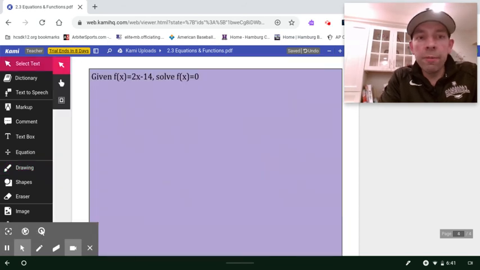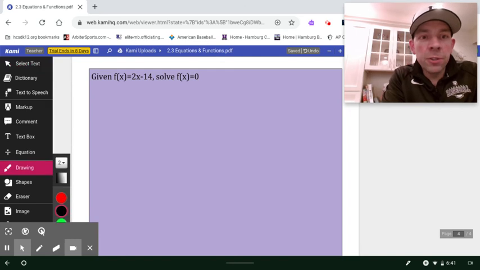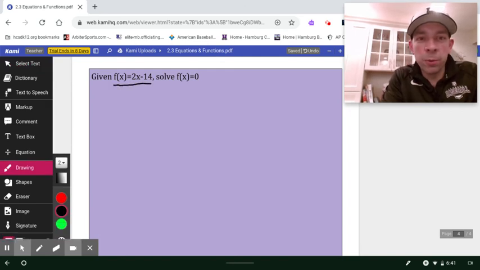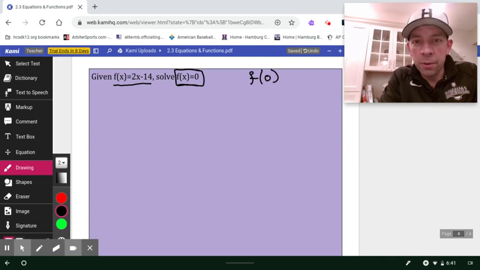We're going to wrap up with one last example. We've been given a function f of x equals 2x minus 14, and they want me to solve f of x equals 0. So what exactly does f of x equals 0 mean? Not to be confused with evaluating f of 0. In that case, the number inside the parentheses is your x value. But if I set f of x equal to 0, I'm basically saying y is equal to 0.